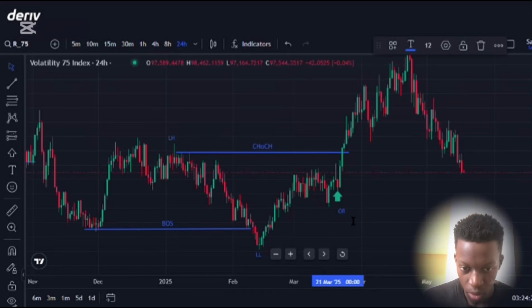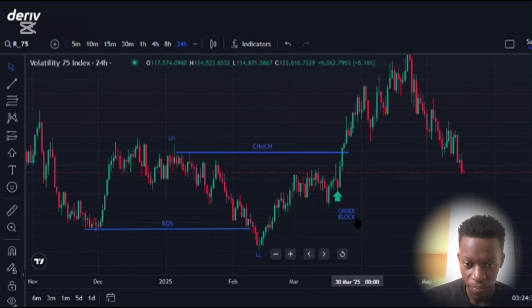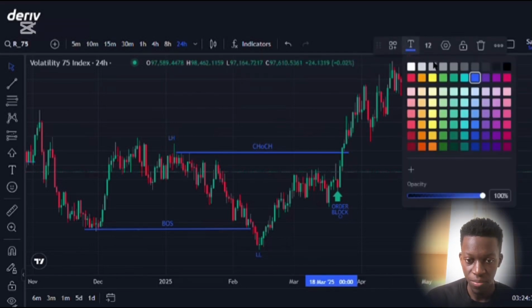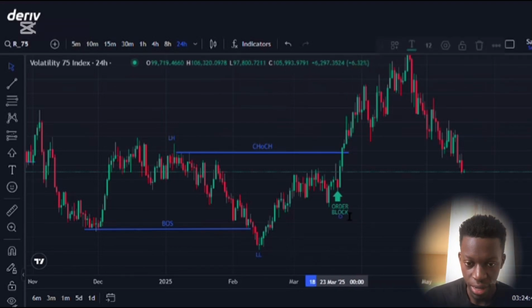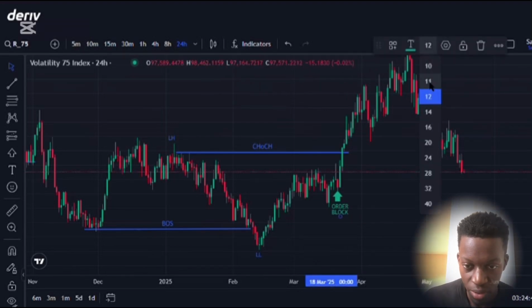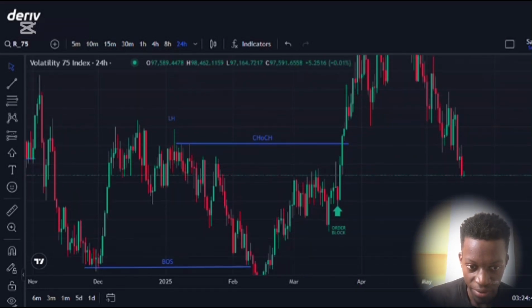Why is this the order block? Why not down there? Because the market hadn't yet broken the lower high that was formed, and so this movement down there isn't really relevant. But at this point where there is the order block, as I have indicated, let me just change the color, this is the movement that broke the previous high.